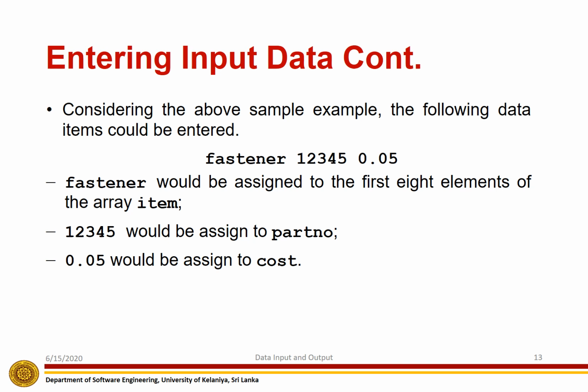Then space, then 12345. It would be assigned to part number, and 0.05 will be assigned to cost. Note that here the individual data items are entered on one line separated by blank spaces.